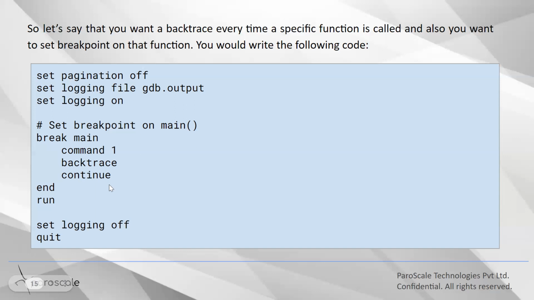Now that everything is set, it will run your code. After running the code, it will turn off the logging which we enabled to log into the gdb.output file, and then it will quit.